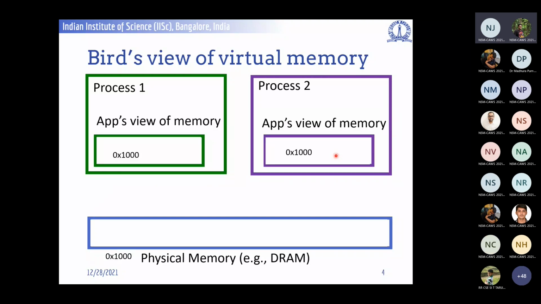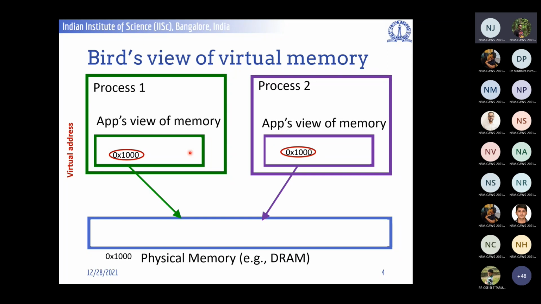For this, you really need to decouple the application or process's view of memory from the real addresses, or physical addresses. And that's what virtual memory does. Each process can think that it has this particular address 1000. This is called the virtual address, and the set of all addresses available to a given process is called the virtual address space.